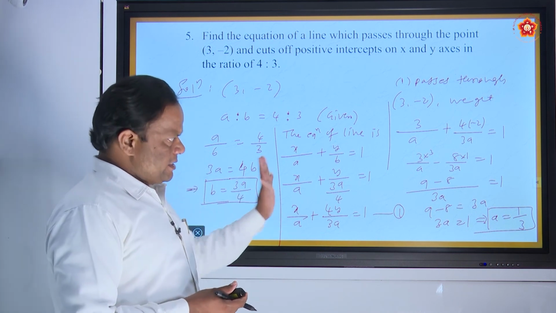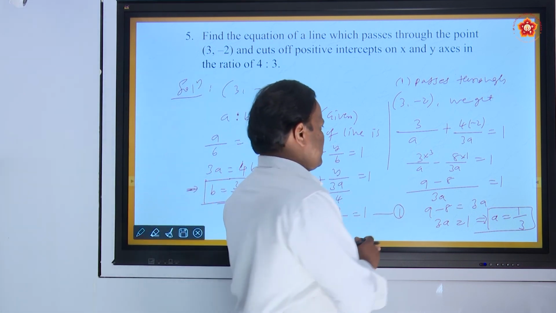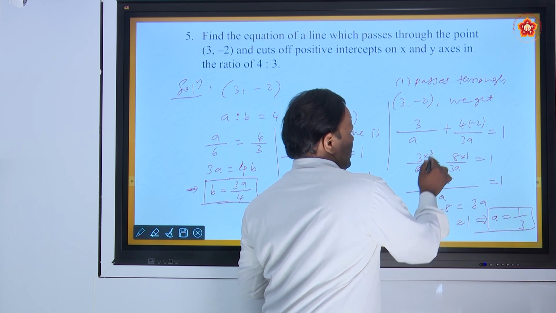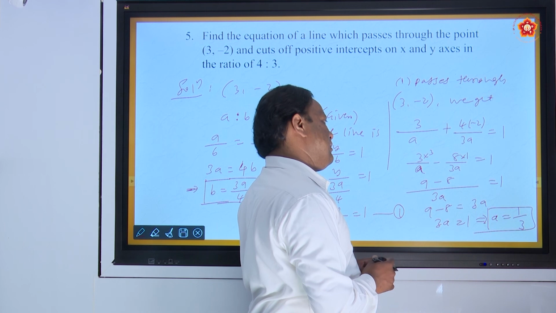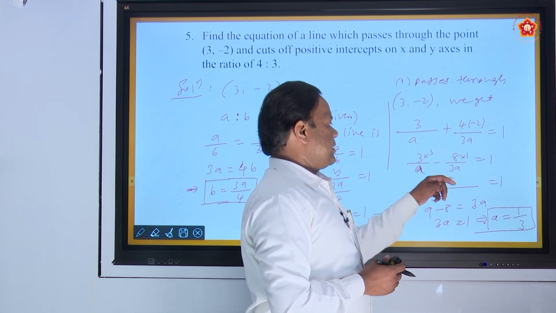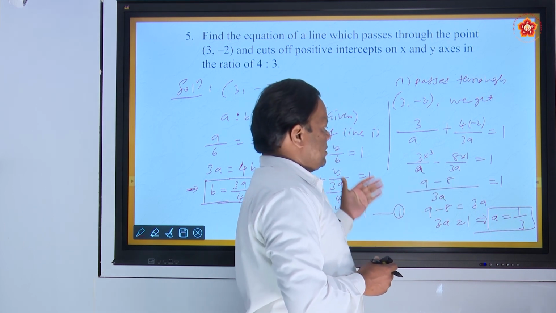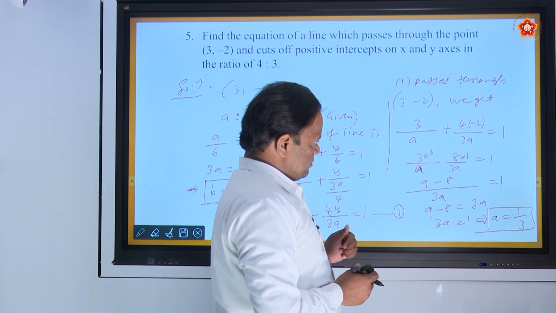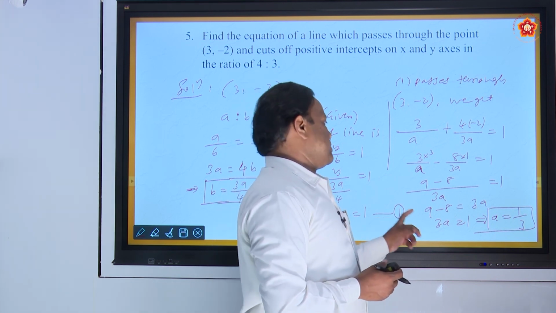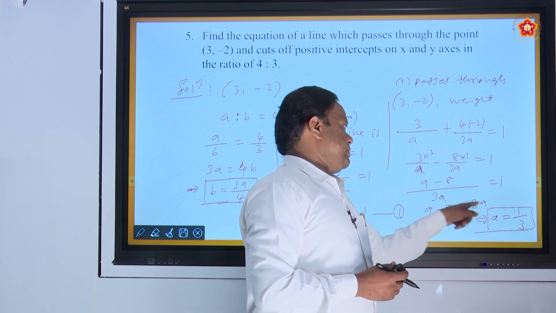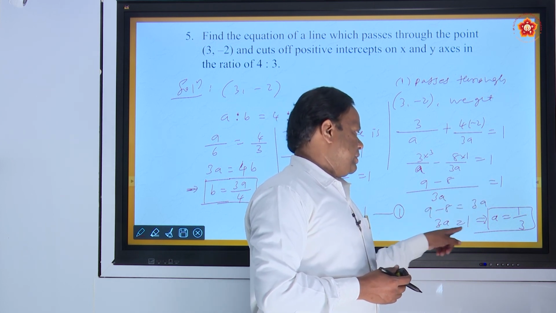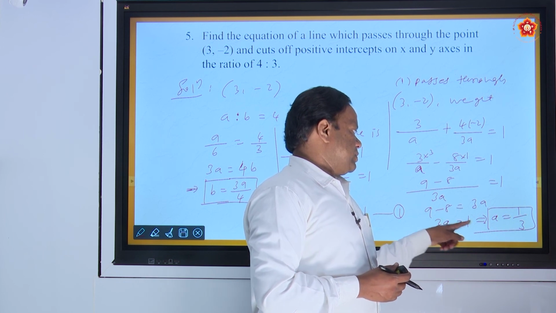Very simple simplification: 3A is the LCM, A into 3 is 3A, 1 into 3A is 3A. 3 threes are 9, 8 ones are 8, 9 minus 8 is 1, so 1 by 3A equal to 1. Cross multiplication gives 3A equal to 1, so A equal to 1 by 3.